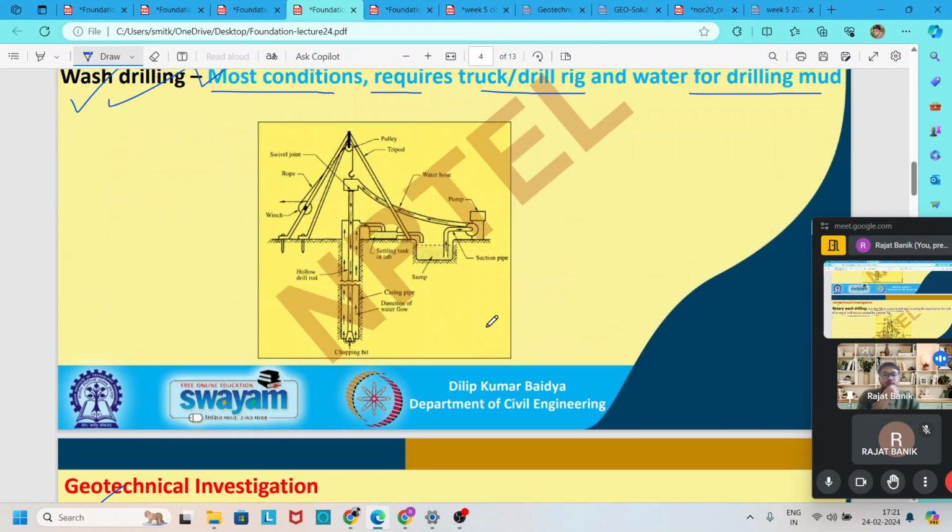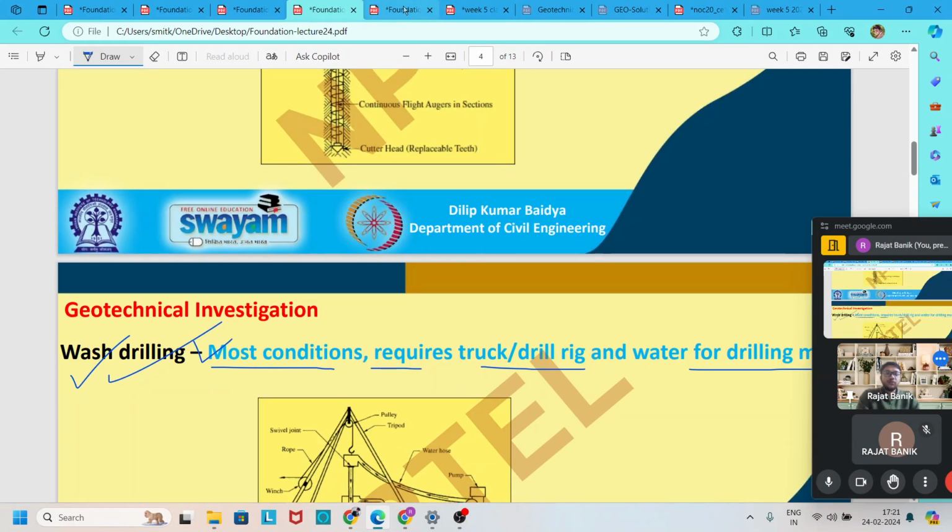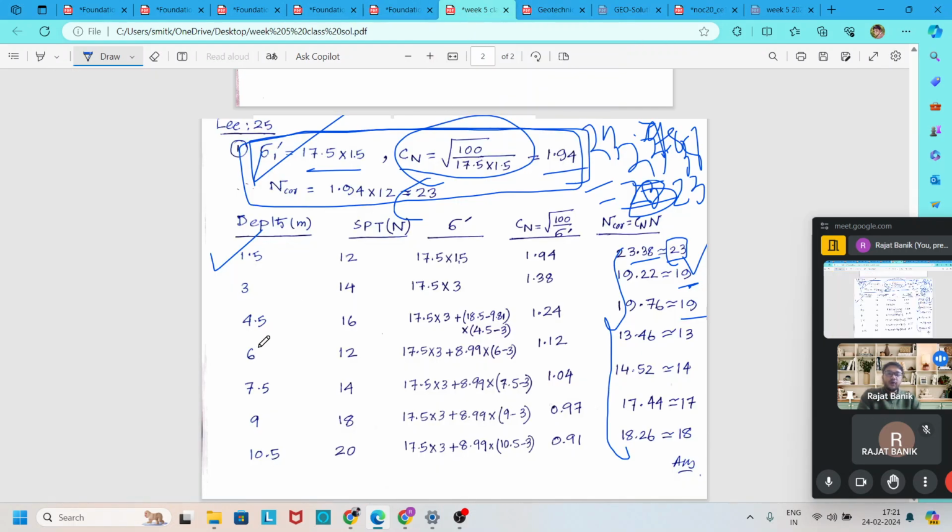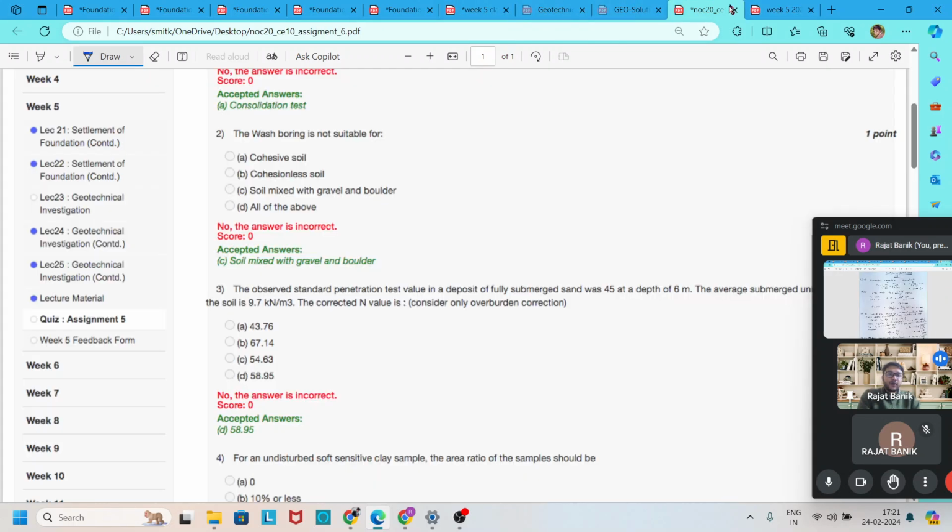So wash boring actually works on the principle of high water pressure. It is easily useful for cohesive soil and also useful for cohesionless soil, but it is not useful for gravel and boulder soil, or soil mixed with gravel and boulder, because in wash boring we use the water pressure to drill the borehole.